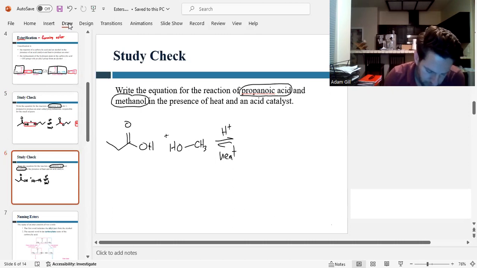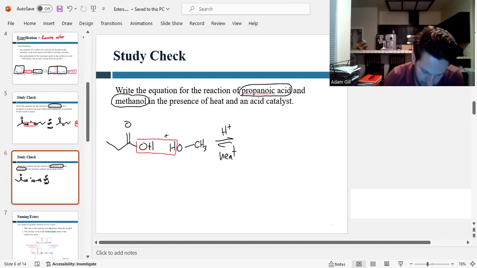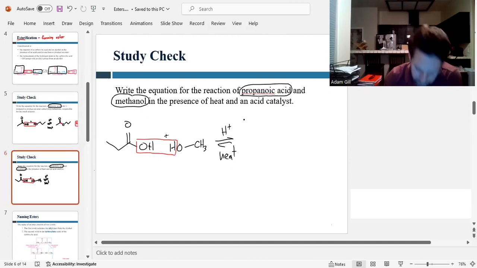And so we are going to, once again, kick out water, and we're going to condense what's remaining. And so this portion here is going to become attached to this portion here.